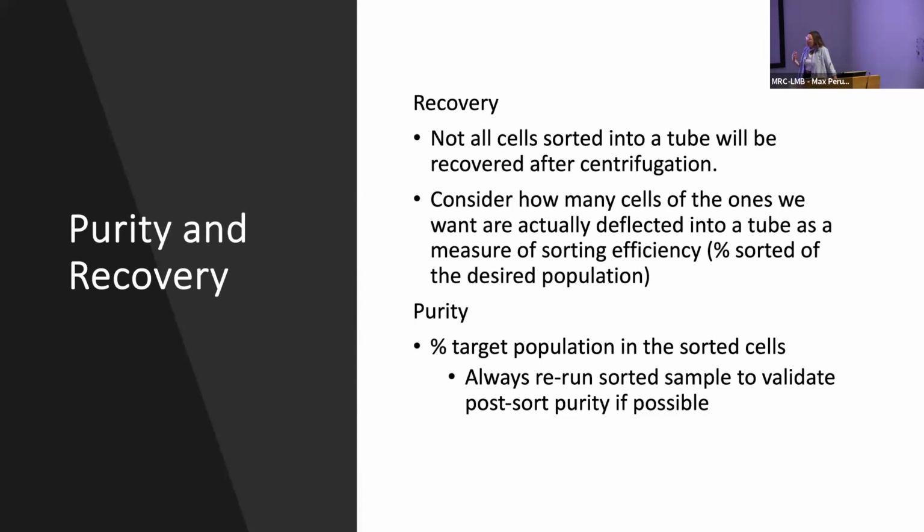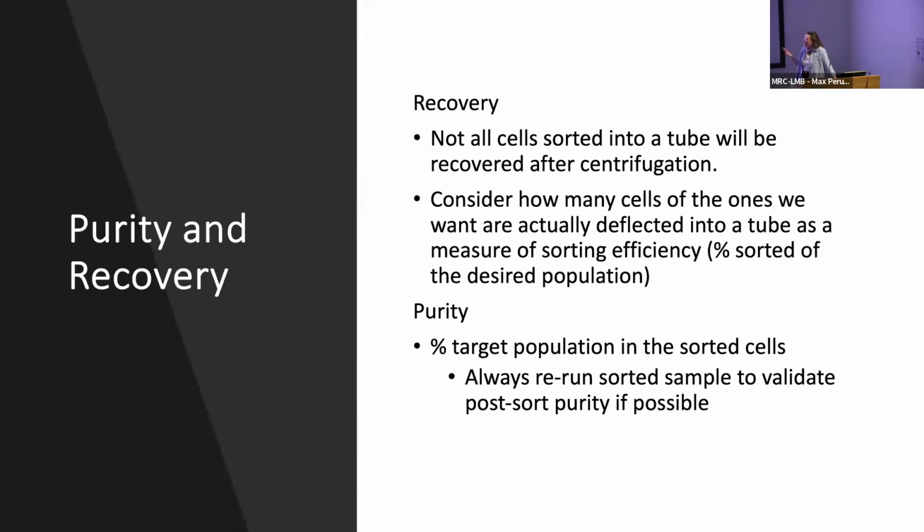It will also give you a number on the side of the tube, letting you know approximately how many particles or cells are in your tube. I tend to encourage people, if you have enough, sometimes this isn't possible if you're only sorting a couple hundred cells, to take an aliquot and measure how many cells are actually in there. Just verify that, because it's good for us to know that the recovery is quite high.